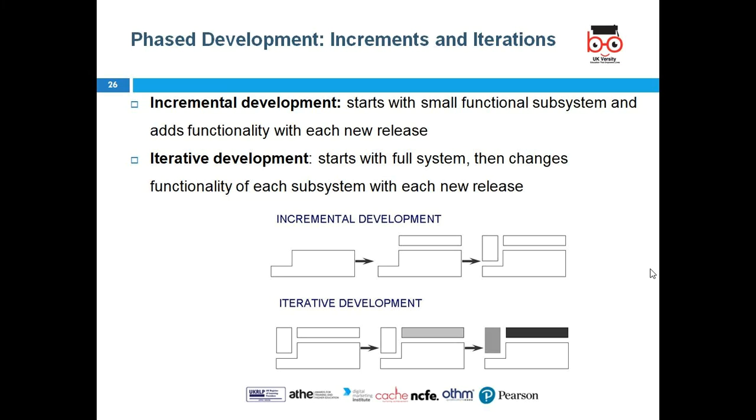So maybe you would do one module at a time, whereas in iterative, for example, in incremental, if you had to design a user interface, you would design the user interface and then the back end, then what other objects needed to be created.